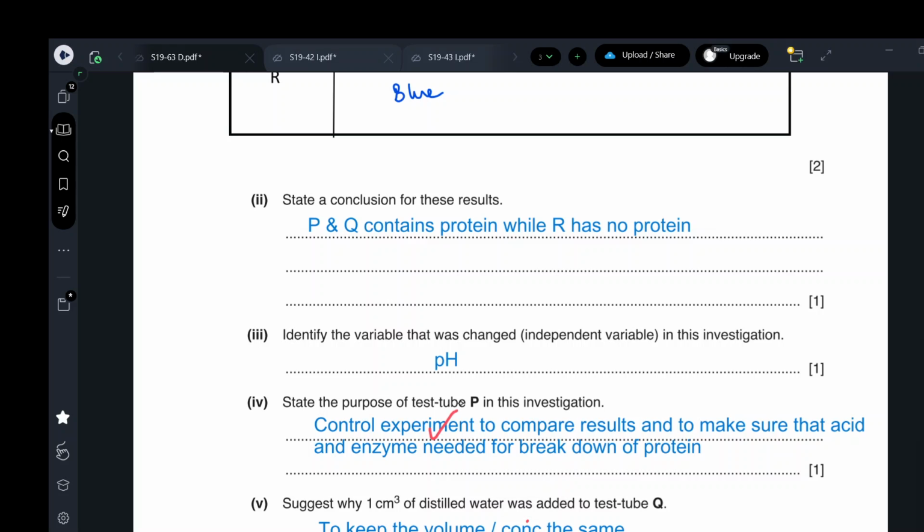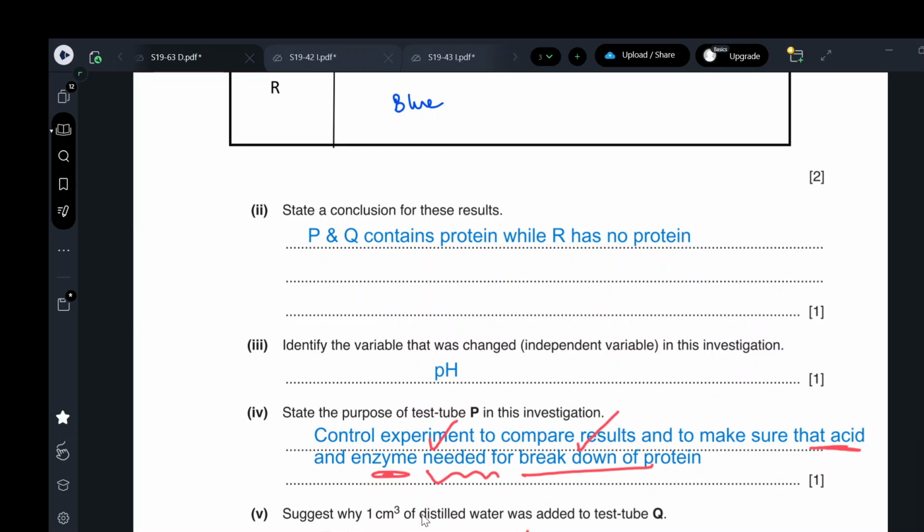This is a control experiment to compare results and to make sure that the acid and the enzyme are needed for the breakdown of protein. I need to make sure that the enzyme is the thing that breaks down protein in the presence of the acid. So I removed them both. I found out that nothing happened. The protein is there as it is.